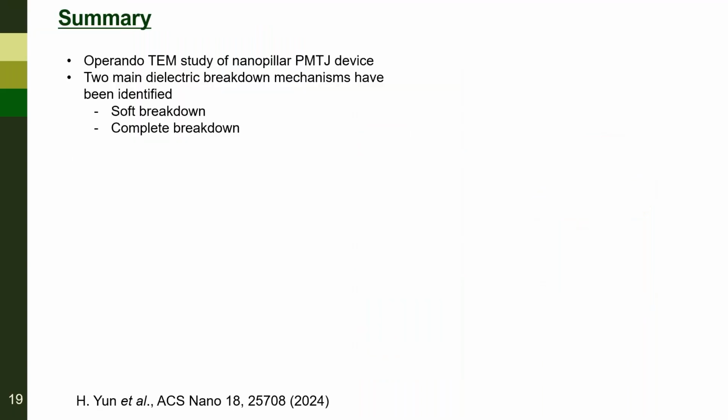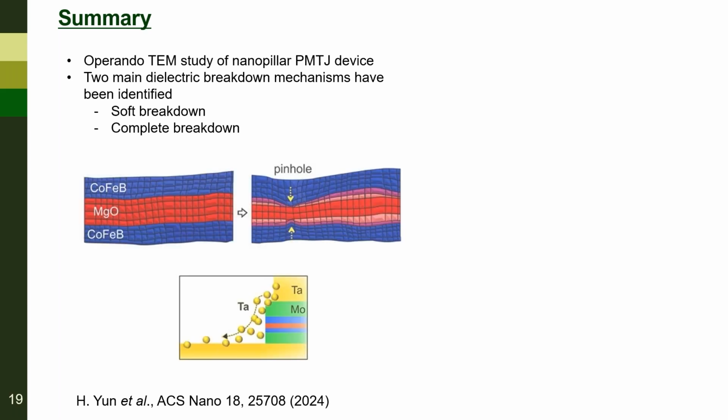So to summarize, we performed this operando TEM study of nanopillar PMTJ devices, and we identified two main breakdown mechanisms. One is soft breakdown, and the second is complete breakdown. In the case of soft breakdown, the pinhole forms at the central magnesium oxide layer, and that induces the leakage current.